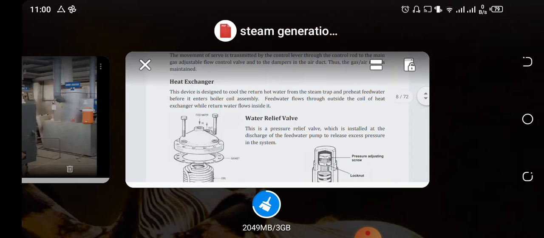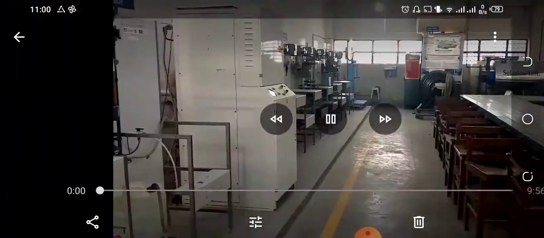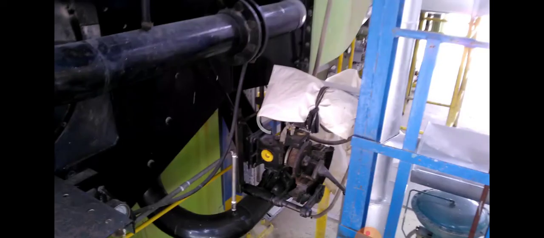Here we have a picture, and also we have a video of the servo control mechanism. It is running through. I don't have the video.